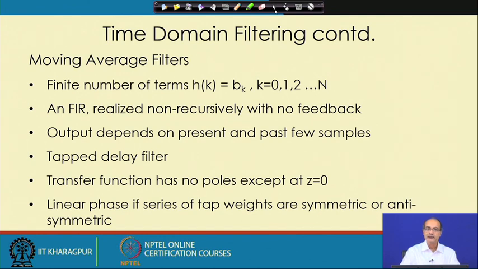The importance of this linear phase is that any signal consists of multiple monocomponent signals. For example, if we take the Fourier series to represent that signal, or do the Fourier transform, we see the signal consists of multiple sinusoids.